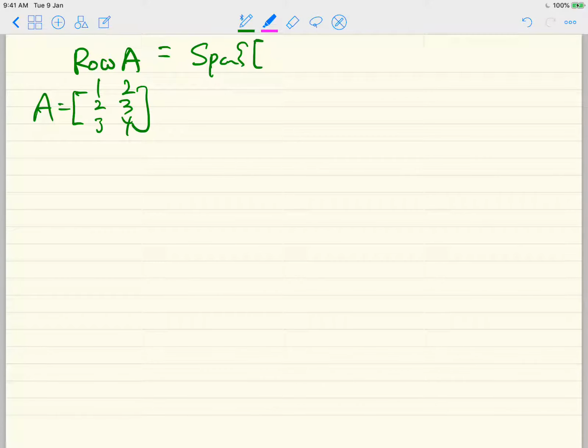What will be the definition? Given the matrix A, where 1, 2, 3, 2, 3, 4, the row space of A will be just spanned by the rows of A. So the first one, second one, and third one, right? And 1, 2, 2, 3, and 3, 4. So this is the row space of A. That is the definition.